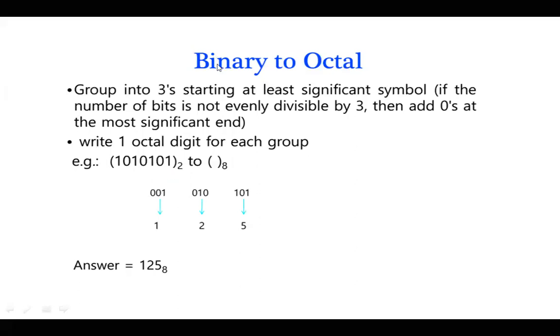Whenever I am grouping the integer part, which is not the decimal part, the grouping will be from right to left. If it is the fractional part, you have to group in the other direction. Here I am using the integer form, so my grouping will be from right to left.